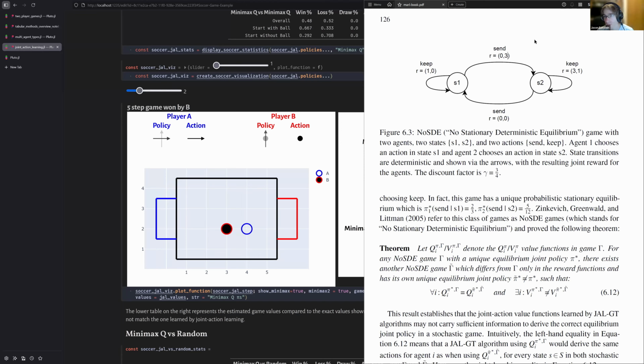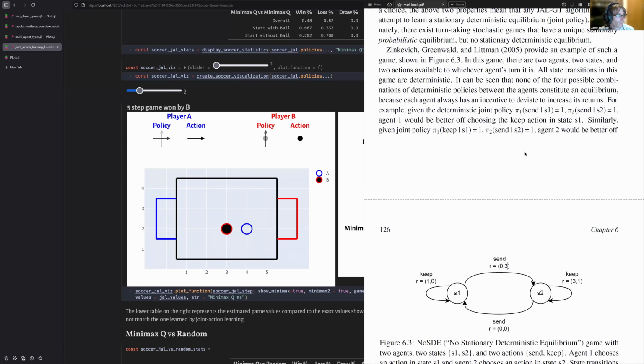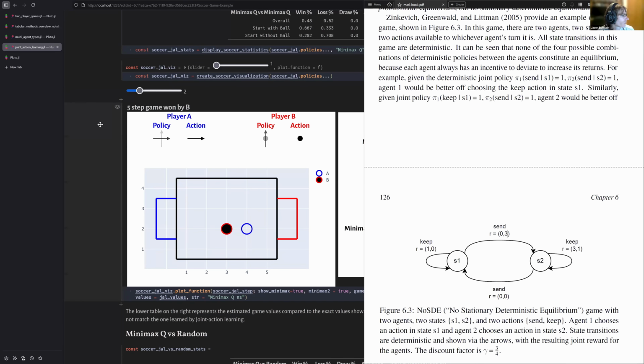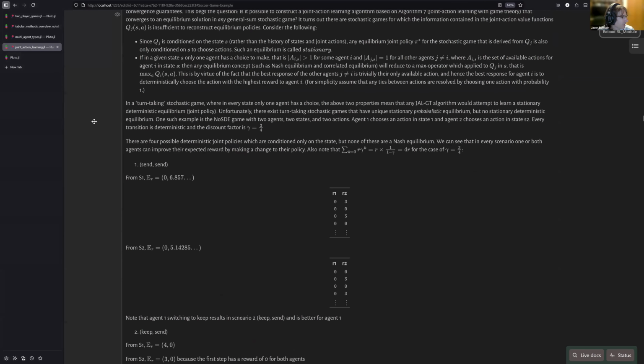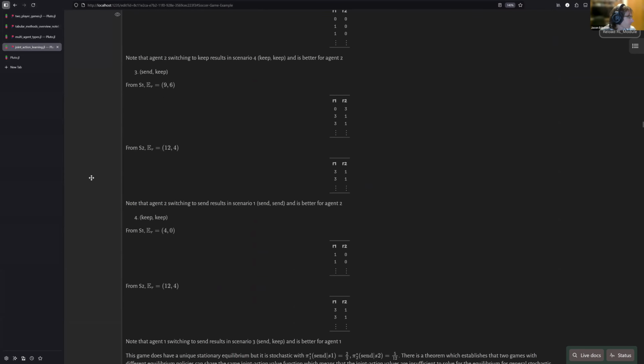So this game, if we look at just the deterministic policies, because each agent can only make an action selection in one state, there are only 4 deterministic joint policies for this game. And I will show them. There's different ways of writing it down, but let me just show it here.